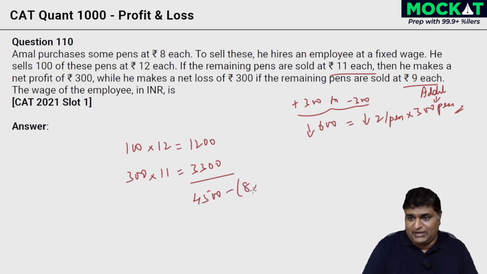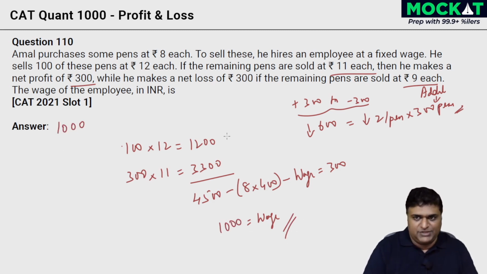Cost price of a pen is 8 rupees for a total of 400 pens, right? 4,500 minus 3,200 minus the wage you have to pay for the employee should be equal to the profit made over here, which is 300 rupees. So you take the wage to the other side, you bring the 300 here: 4,500 minus 3,200, that's 1,300. 1,300 minus 300 comes to 1,000. So 1,000 is the answer for this question.